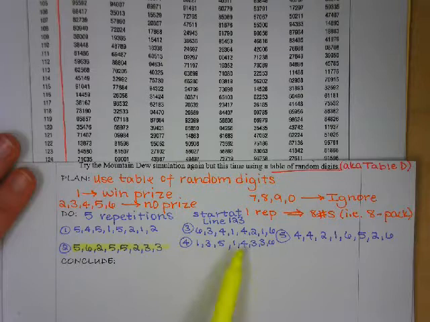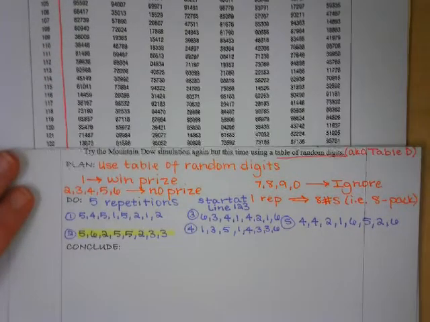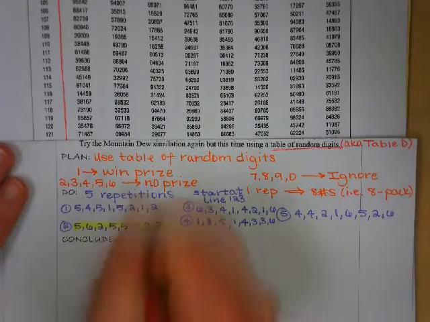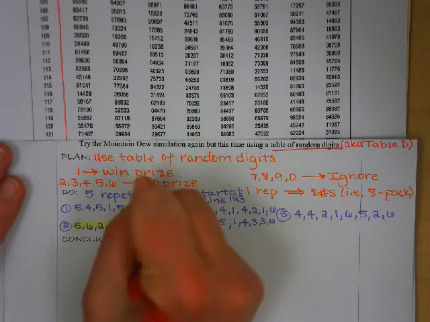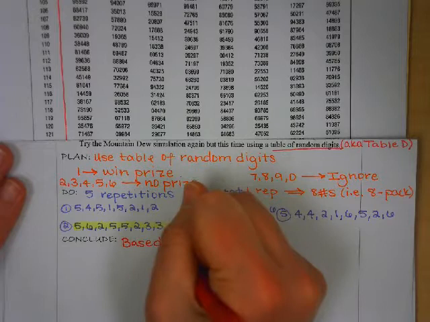Fourth 8-pack also had 2 winners, and the fifth 8-pack had 1 winner. So when I write the conclusion, we need to make sure that we have those words based on my simulation, because our conclusion is only based on what we just did.